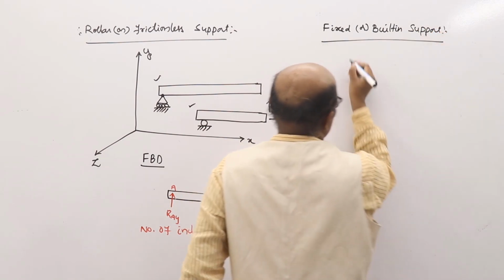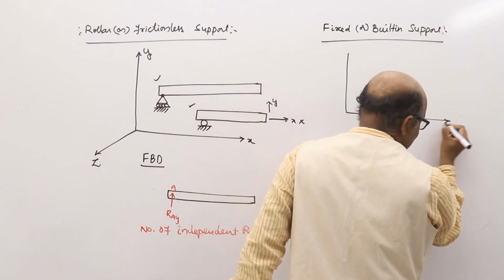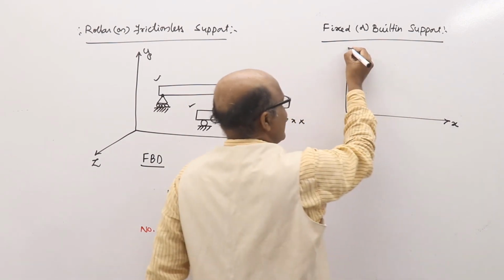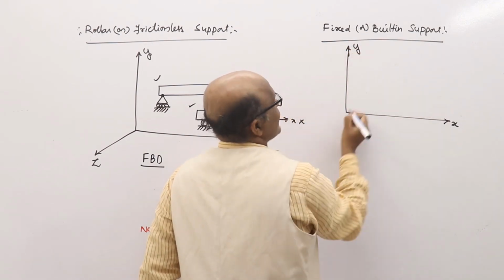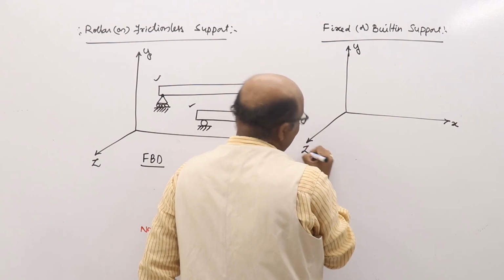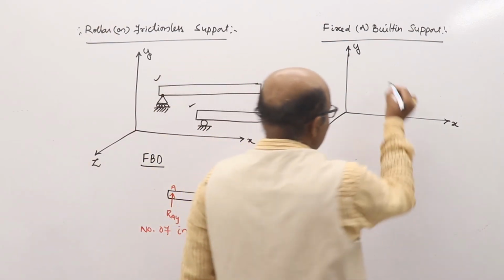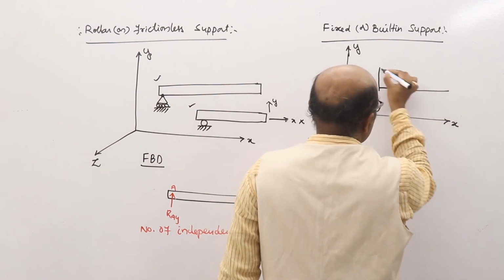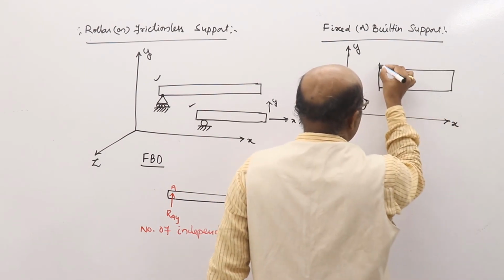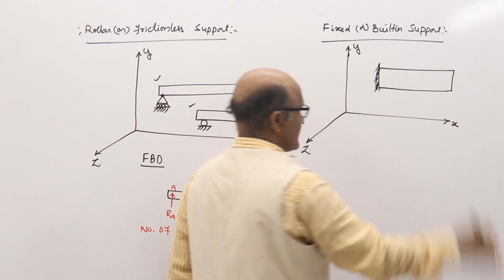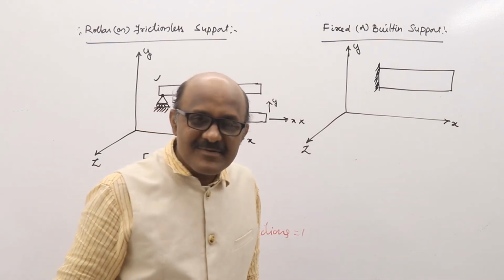See, my dear students, this is the x-axis direction, this is the y-axis direction, this is the z-axis direction. Yes or no? Now, here is a beam. One end of the beam is fixed here. Yes, sir?